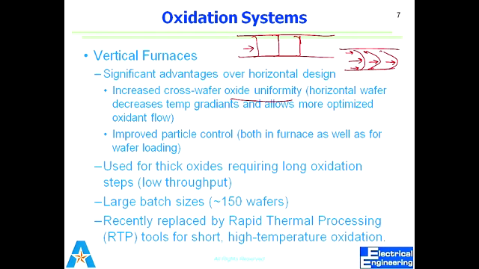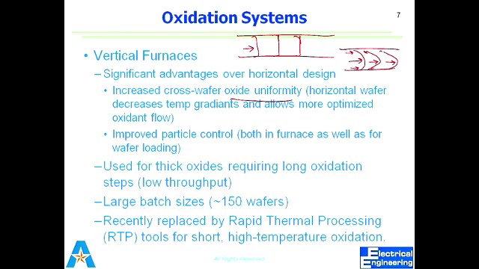Secondly, improved particle control. In case of vertical furnace, we have a more automated system, because automatically it picks the wafer and places the wafer back. So we are not taking it out until it's oxidized to a specific temperature, to a specific thickness.